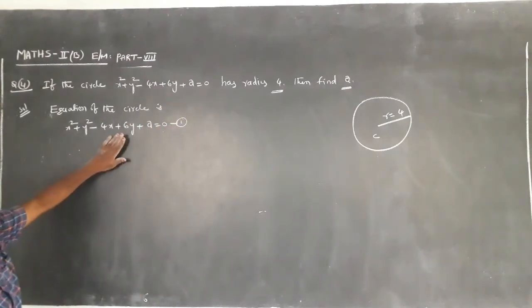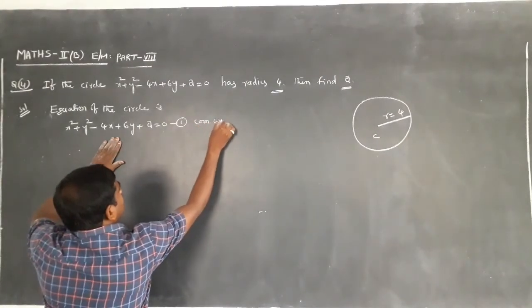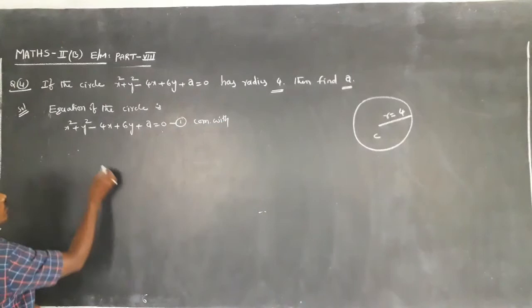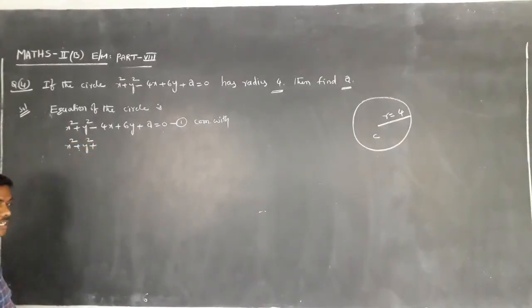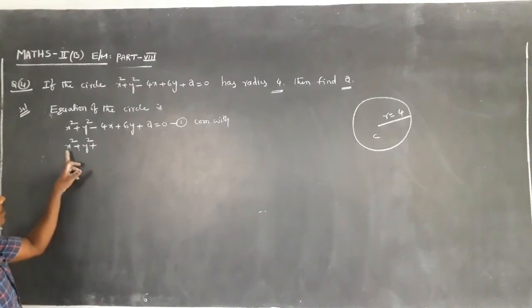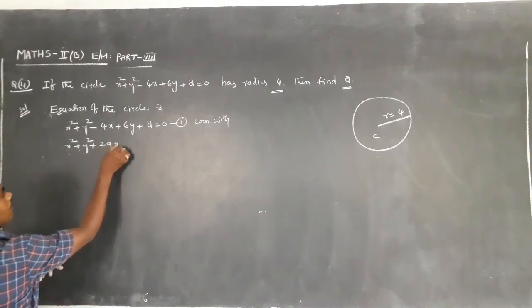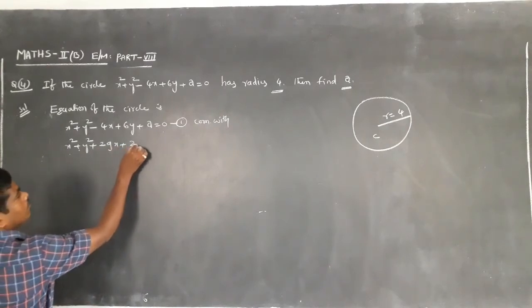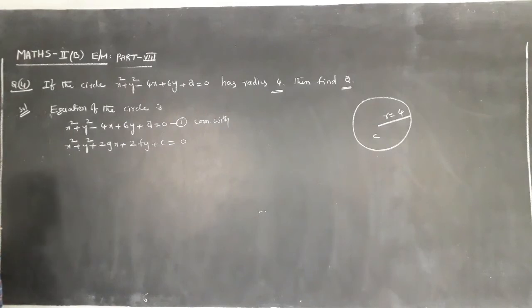Comparing the given equation with the general equation of the circle, x square plus y square plus 2gx plus 2fy plus c is equal to 0.